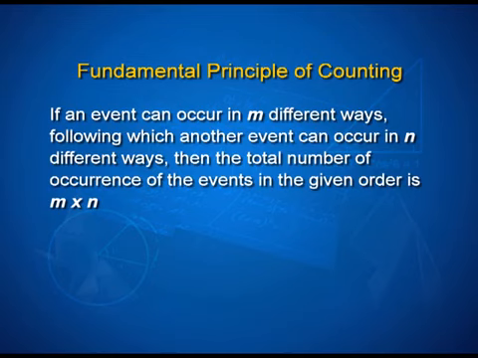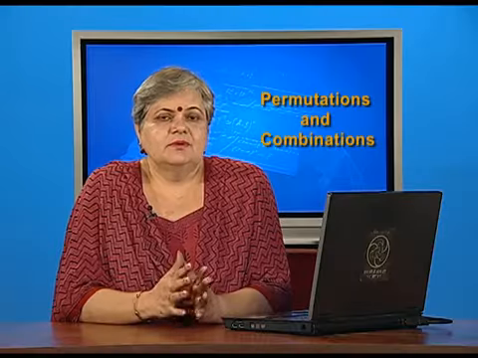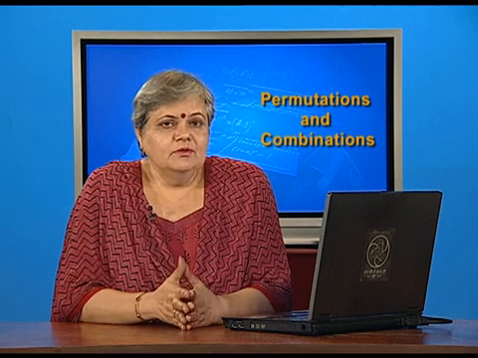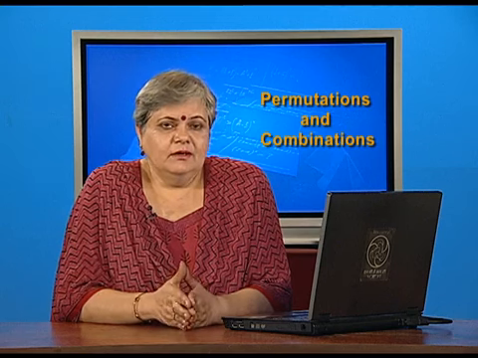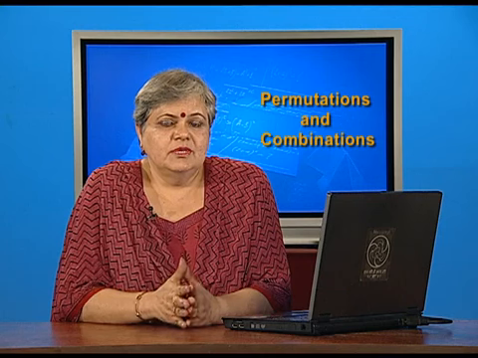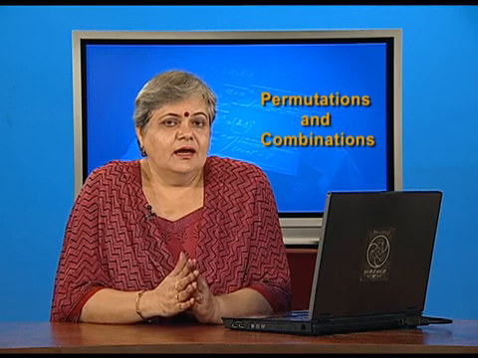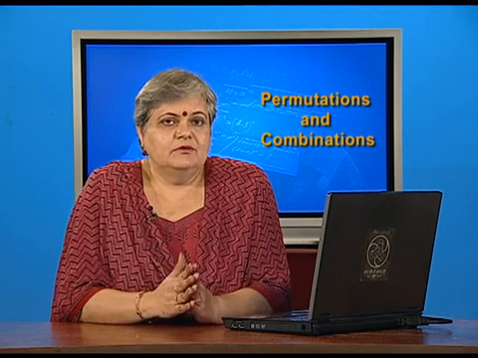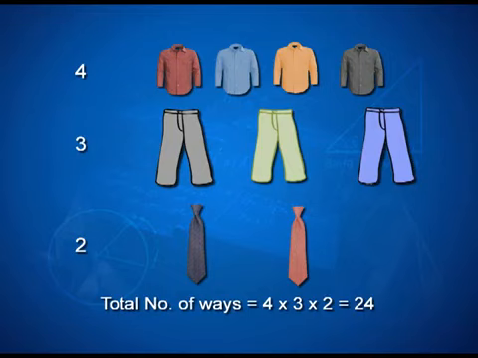And that is what you saw in the previous 2 examples. The number of ways in which the person could travel from A to C stopping at B was 2 times 3, that is 6. And the number of ways he could dress with 4 shirts and 3 pants and 2 ties was 4 into 3 into 2.